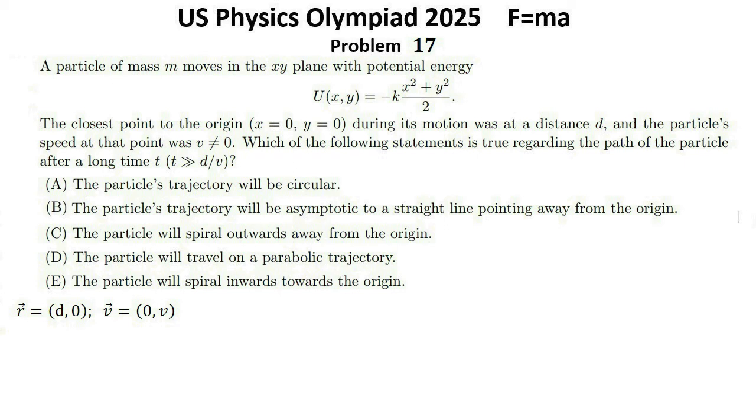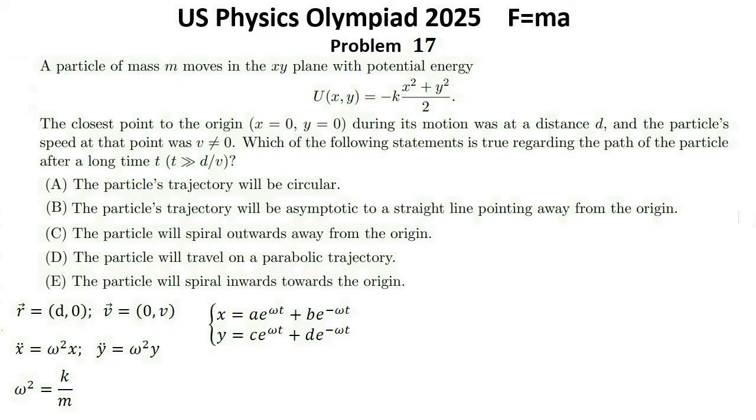For an exact solution, let the initial position of the particle be d, 0, and the velocity 0, v0. The equations of motion can be written as follows. Here omega squared is equal to k divided by m. These equations give us the following solutions.